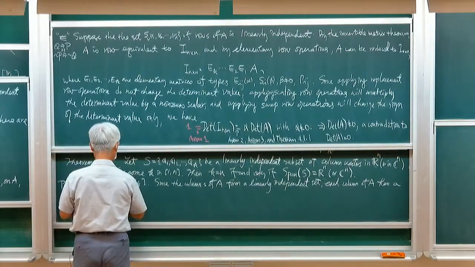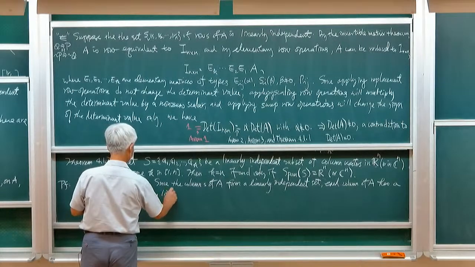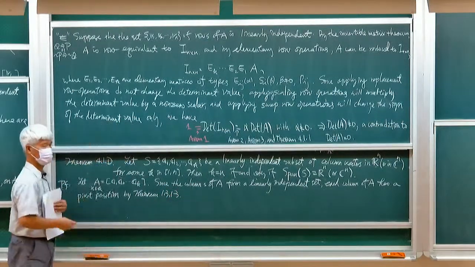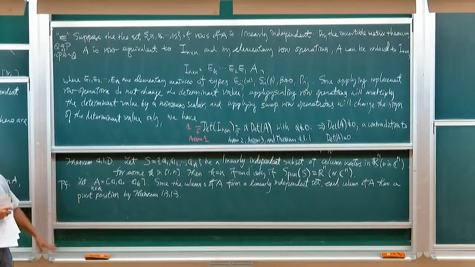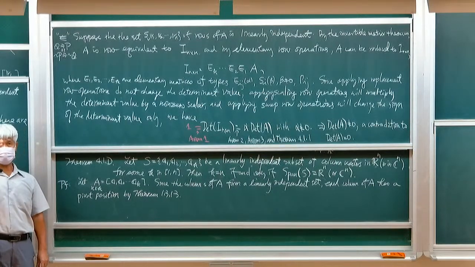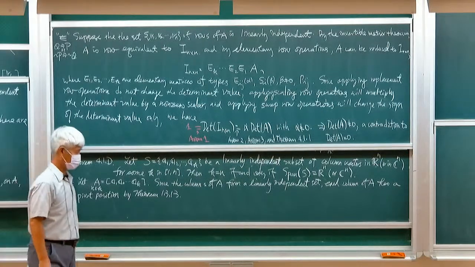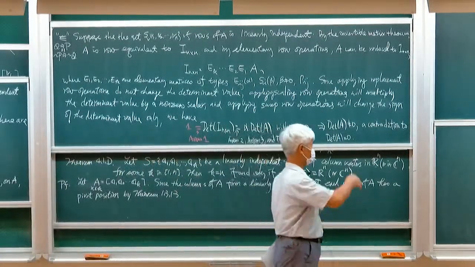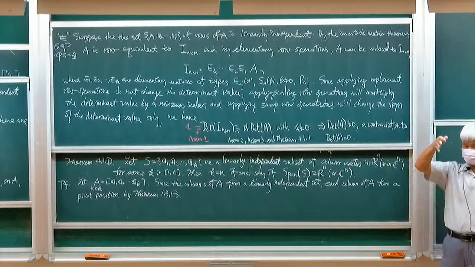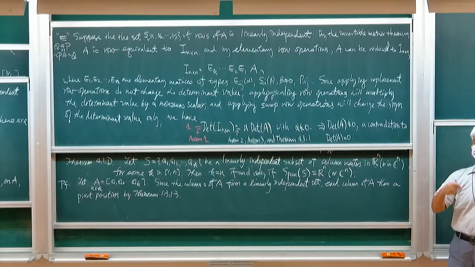By theorem 1.3.13 in chapter 1, we know that very well. So if a matrix has independent columns, then we know that the kernel of A should be trivial, right? So the kernel consists only of the 0 vector.